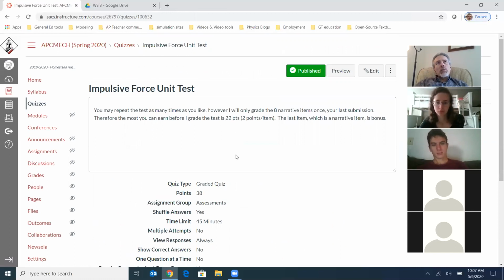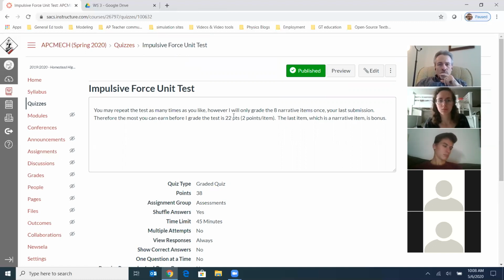Some of them are multiple choice or calculations, and some of them are like essay, not really essay, just a sentence or explaining something. You need to understand that the computer doesn't grade those essay-like things. I grade them, and I'm only grading them once at the very end.